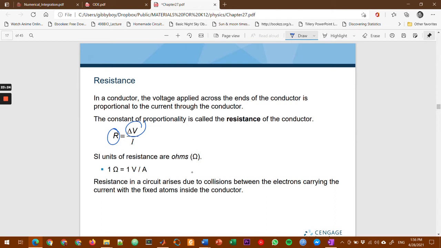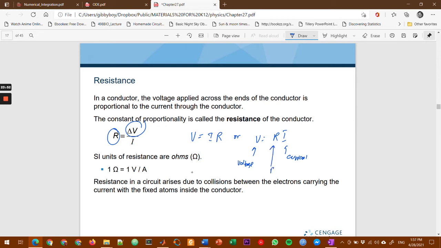So we are already familiar with the formula of Ohm's law, right? Which is V equals IR or V equals RI. So you have your current and then you have your voltage. And the constant of proportionality is this R.